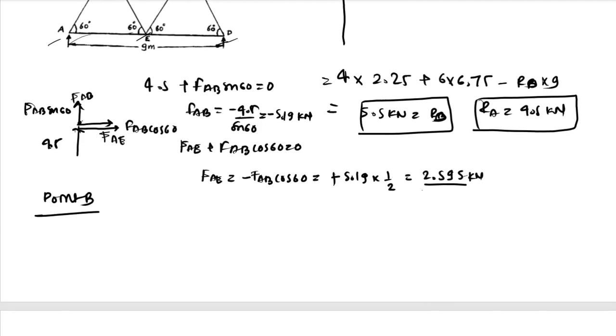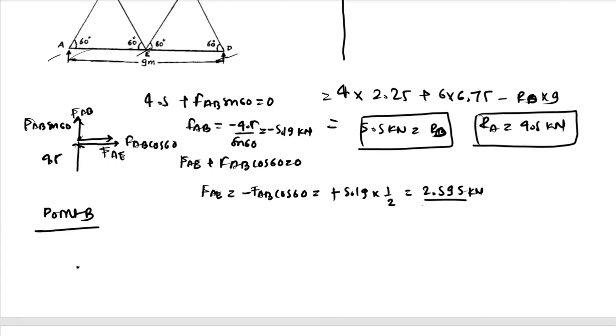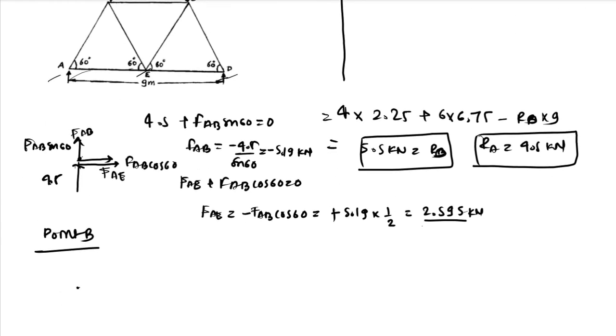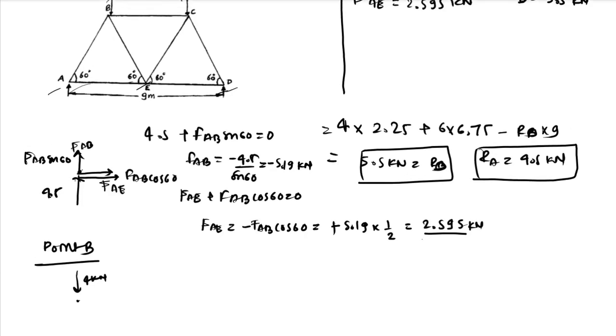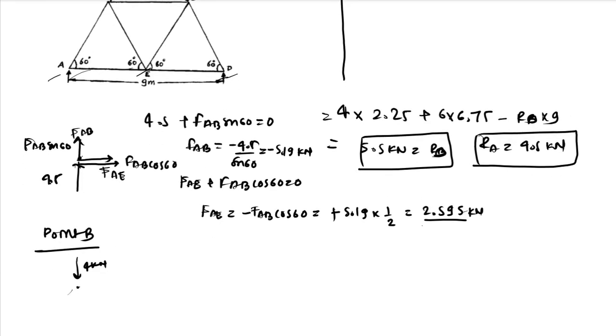So whenever there is an external force, as I said earlier, if you have a known force at any point, try to apply this condition at that point. So you have this point B, you have a vertical force of 4 kilonewton acting downwards. You have this FAB.